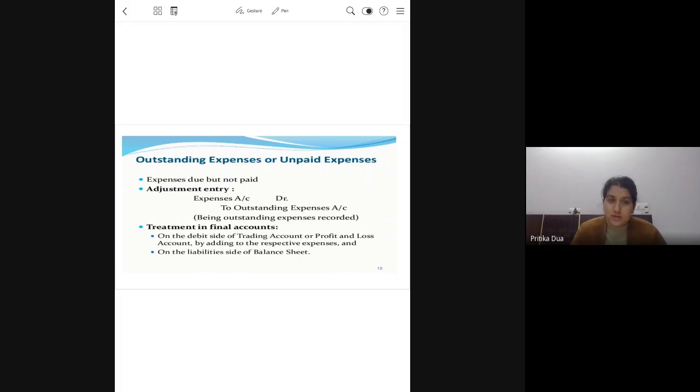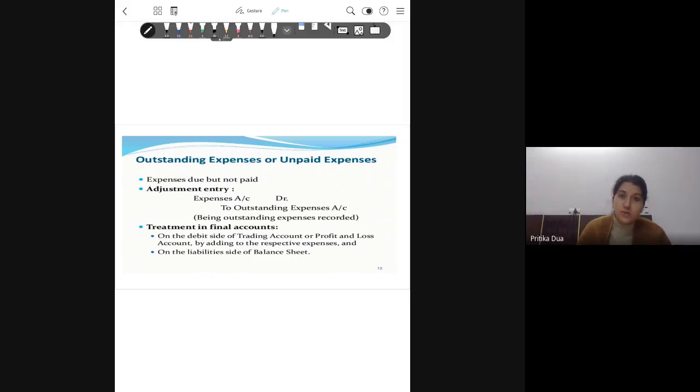Okay, this is just for your knowledge sake. What you need to be very clear with is the treatment of outstanding expenses in final accounts.